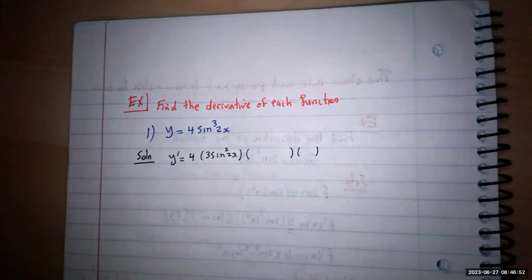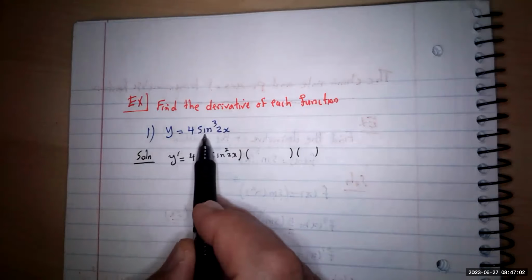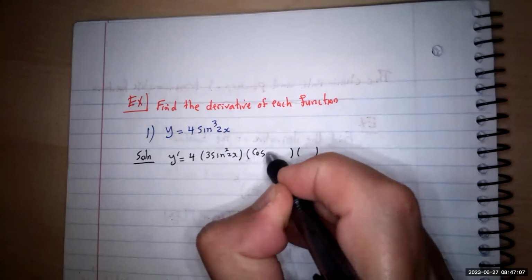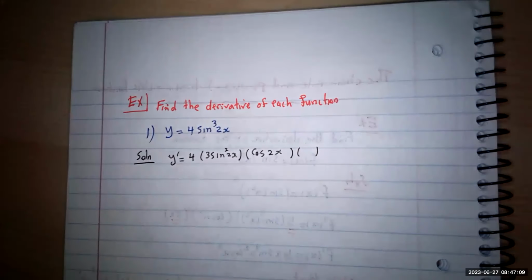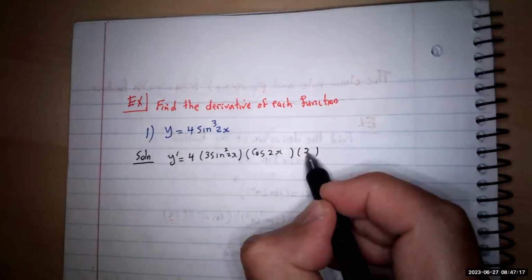You're not going to change anything else. Just the power. Coefficient done, and the power done. Now the derivative of the trig function. The trig function is sine, so the derivative of sine is cosine. Cosine of what? Again, 2x. You don't change anything else. Then the derivative of u, u prime. u is 2x, so u prime would be 2. That's it.